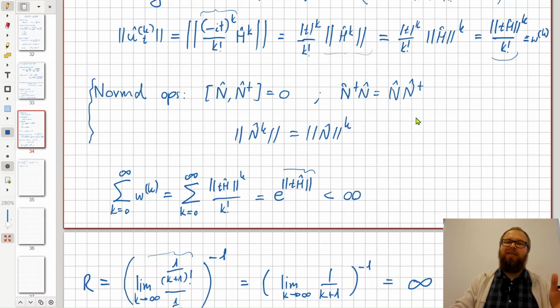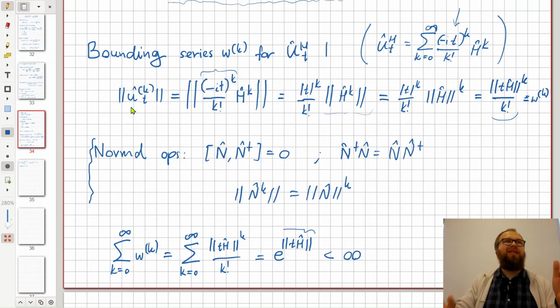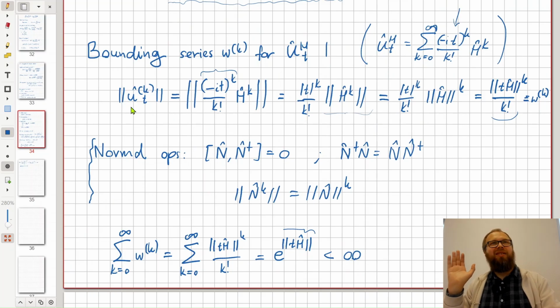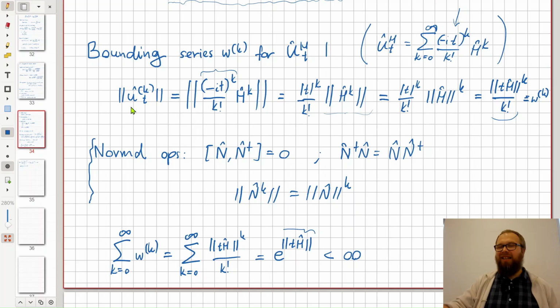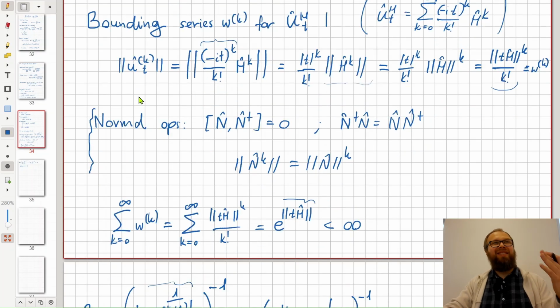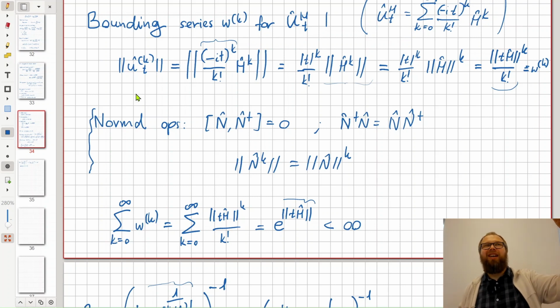Therefore, our evolution operator converges uniformly, absolutely everywhere. There is no constraint on it. The best thing you can have. And this is the justification why in the very beginning we could differentiate it term by term. Because if you remember from the previous lecture, uniform convergence was required to be able to differentiate term by term.